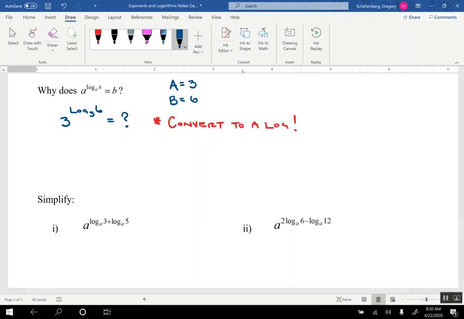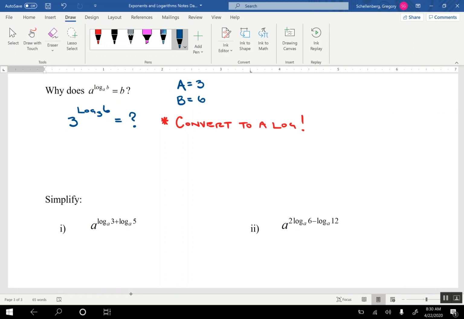The base of the exponential becomes the base of the logarithm. So we're going to get log base 3 of our solution, that's our question mark, is equal to the exponent, which is log base 3 of 6. So we see that our question mark here is equal to 6.